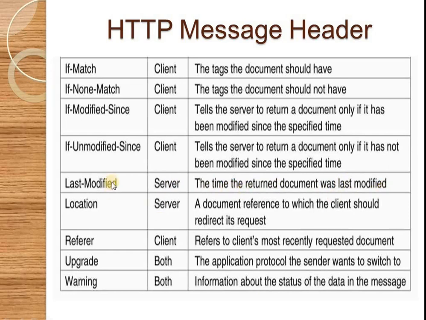Location, source is server, which contains a document reference to which the client should redirect its request. The next is Referrer, the source is client, which refers to the client's most recently requested document. Upgrade, the source can be both client and server, which contains the application protocol the sender wants to switch to. The last, Warning, the source can be both server and client, which contains information about the status of the data in the message.